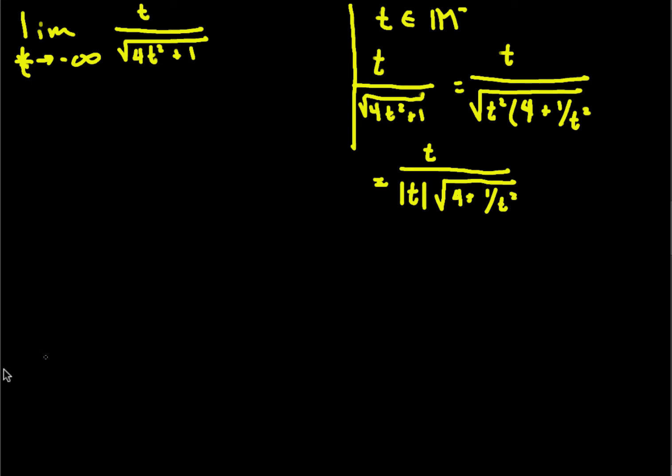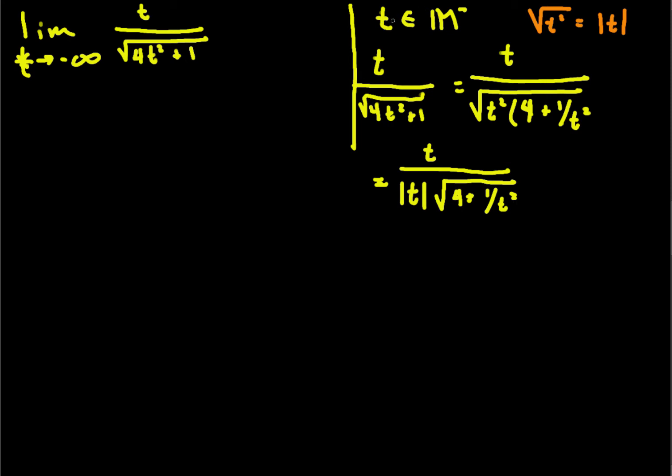And this little piece that I did here is such a common mistake. Students will factor out the t squared and just write it as t. But there's an issue there: if you recall, the square root of t squared is the absolute value of t. It's always got to be positive. So in this case, what is the absolute value of t?